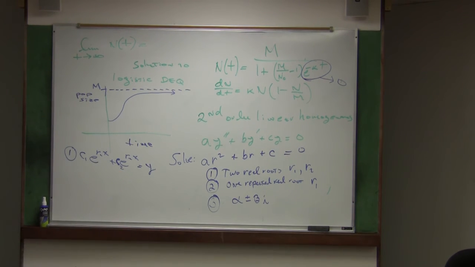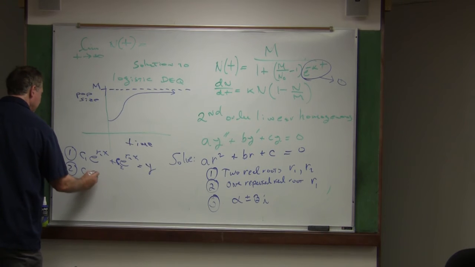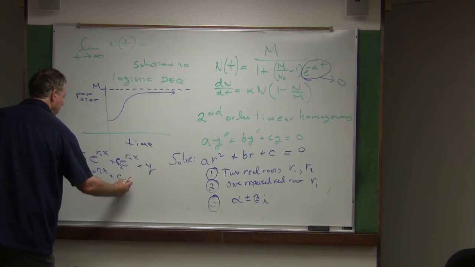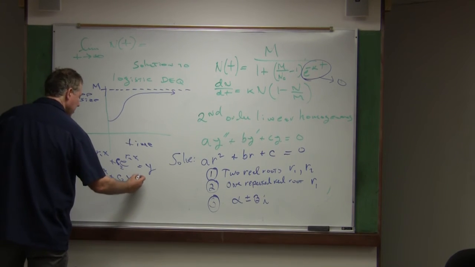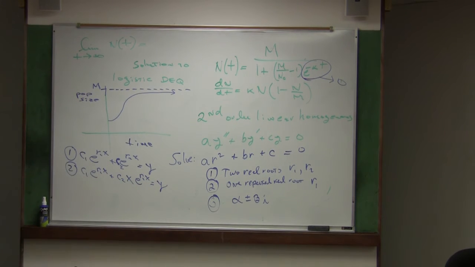And in the second case, it's very similar. It's going to be e to the r1 x, but here you get to throw in an x for the repeated root, so y = c1 e^(r1 x) + c2 x e^(r1 x). And that's the solution.